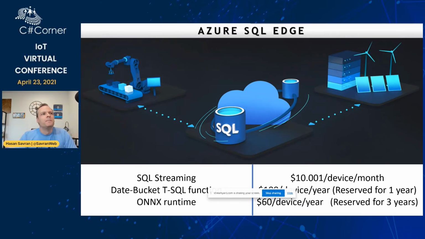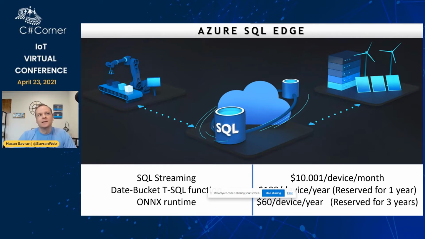When it comes to pricing, if you go pay-as-you-go, it's going to be $10 per device per month, and if you go reserved, it can go as low as $60. When I showed these numbers to DBAs, they got very excited because it's really cheap compared to other licensing. They started thinking, what else can I use this for rather than IoT?